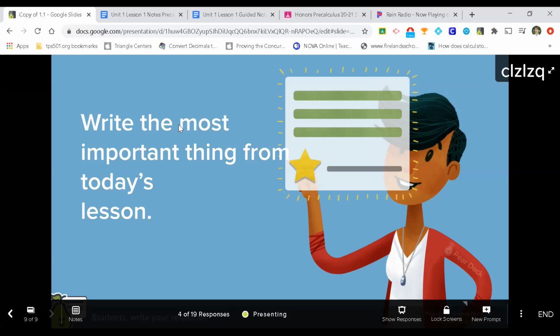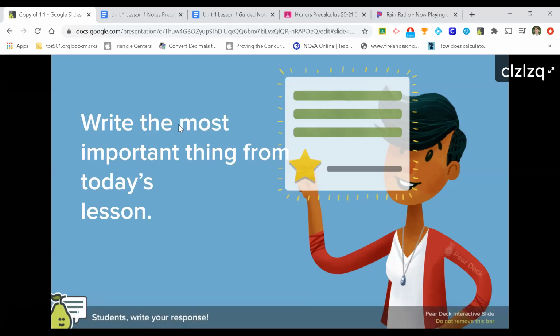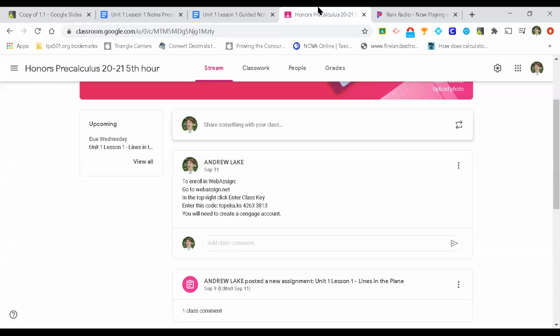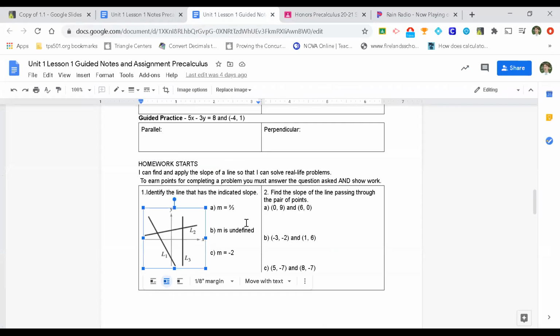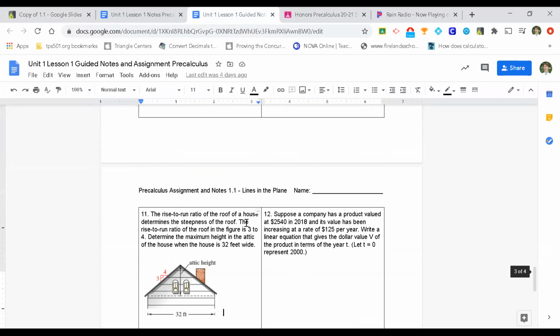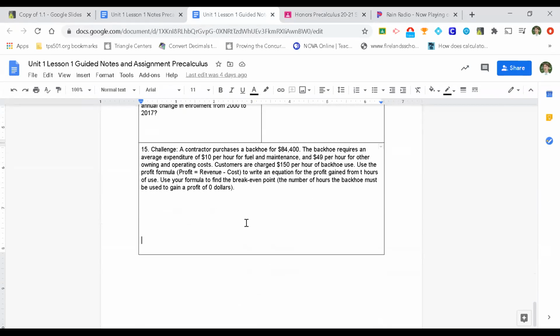For the rest of these 30 minutes then, you have 3 tasks to complete. Some of these tasks may have already been completed. You need to enroll in WebAssign. You need to download your calculator. And you need to complete the homework. Okay?